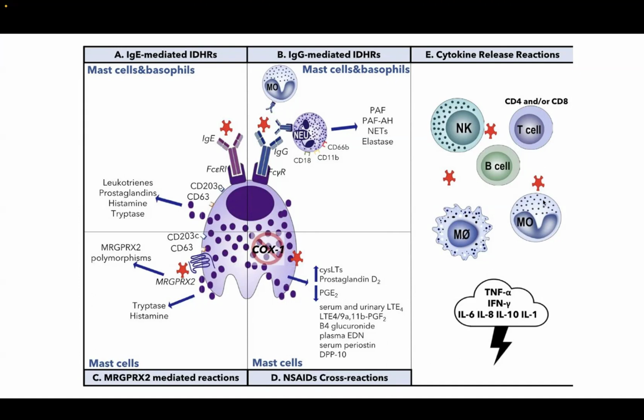Multiple immune cells could be involved, including CD4 or CD8. And the end result is the release of those commonly released mediators, cytokine release: interleukin 6, interleukin 1, interleukin 8, 10, interferon gamma, TNF alpha, and those could be useful again, measuring and determining what phenotype, what endotype or mechanism my patient with immediate reaction may have.